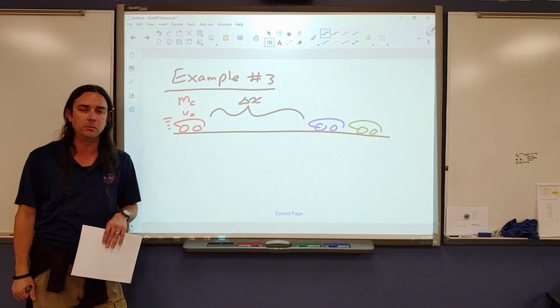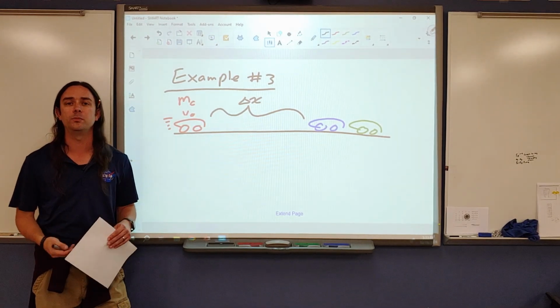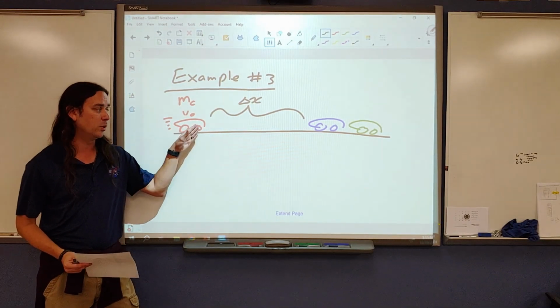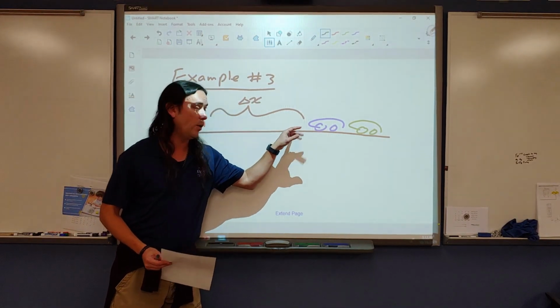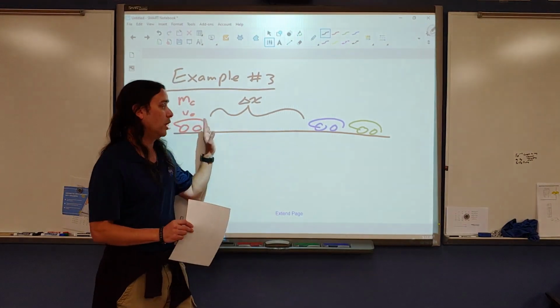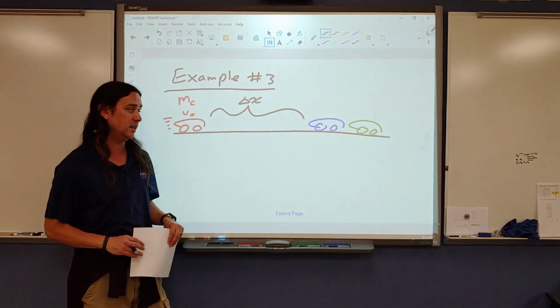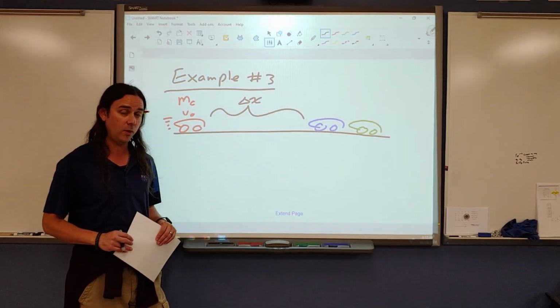I'll probably give it a value in meters, but so that you could imagine it. And then my question would be, when I slam on the brakes, will I stop in time? And if so, how far do I end up away from the car in front of me? Or will I not stop in time and run into the car in front of me? And if that's the case, how fast am I going when that happens?